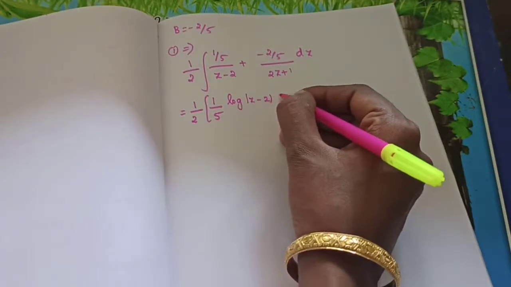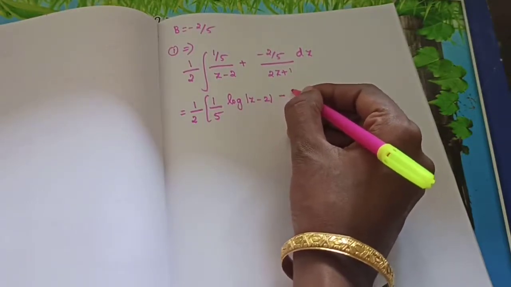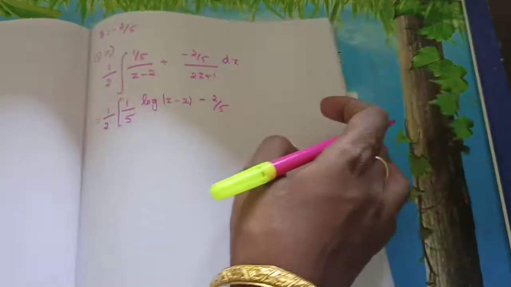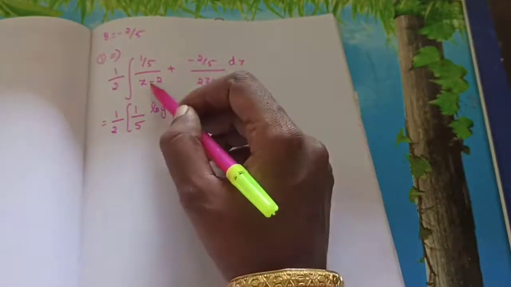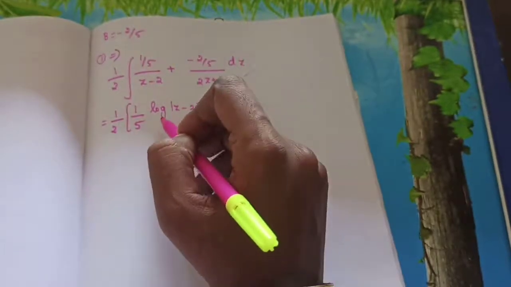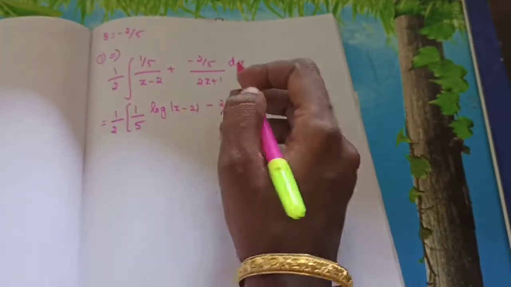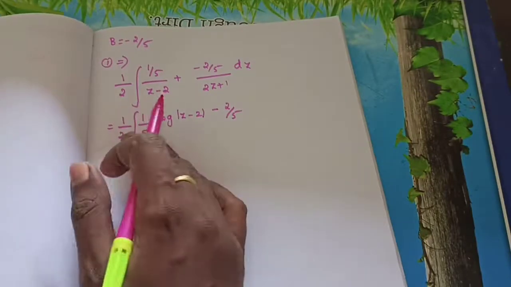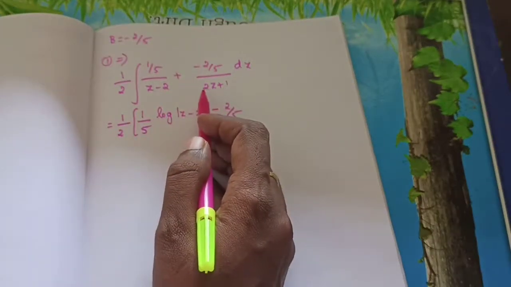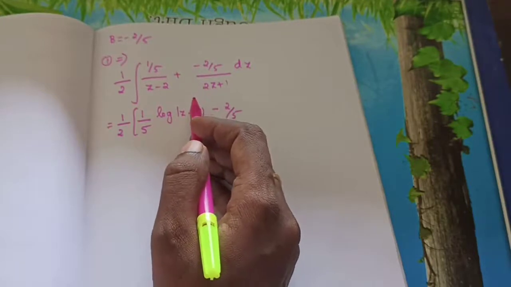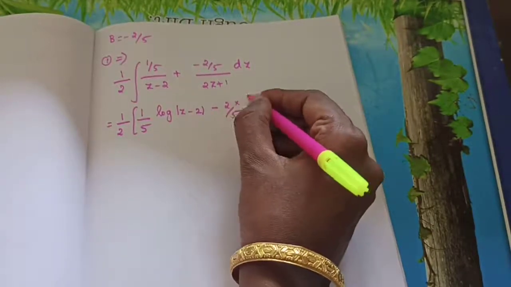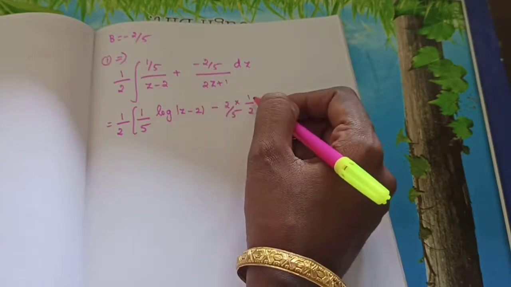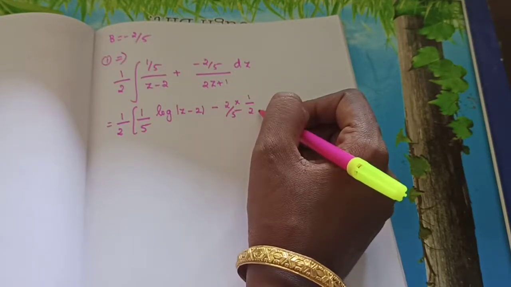Then the second term is minus 2 by 5 into dz divided by 2z plus 1. You have to be very careful here: you can't apply the log directly. As I taught you in the last section, if z or x has any coefficient, we need to divide by that coefficient. Here 2 is the coefficient of z, so we need to divide by it.